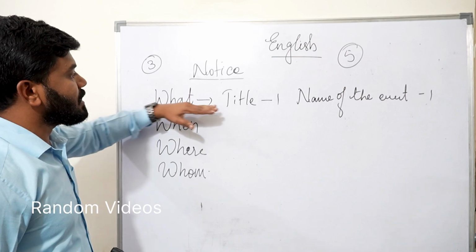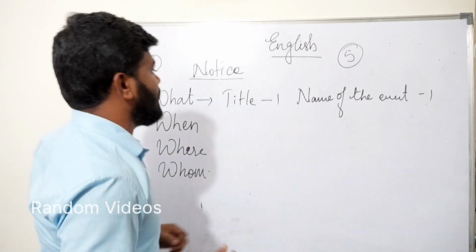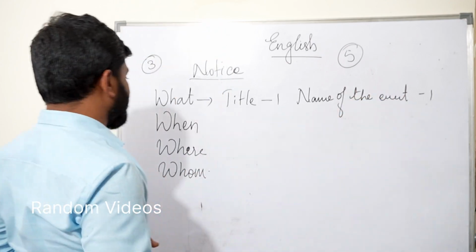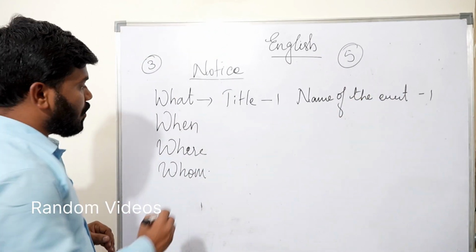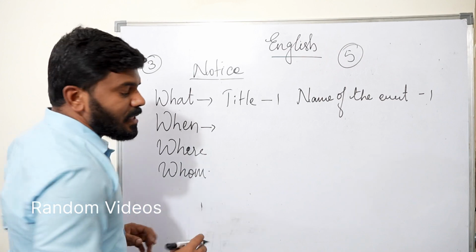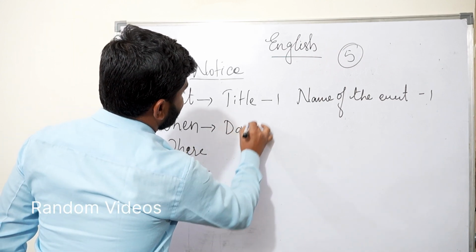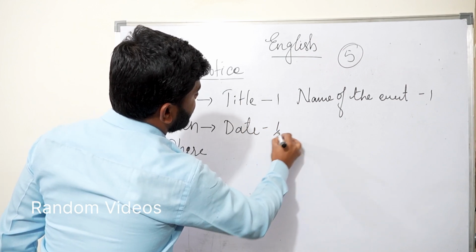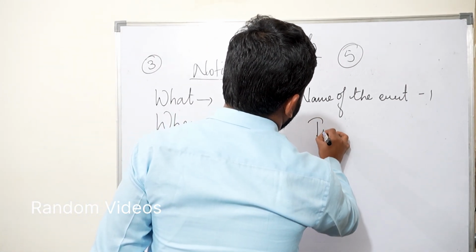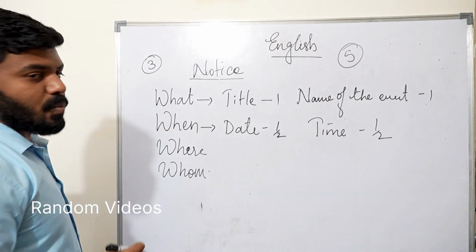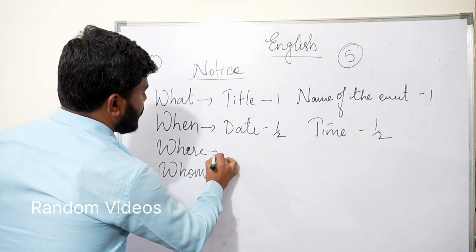Okay, what has title and name of the event. Title has 1 mark, name of the event has 1 mark. When you can divide into 2 different particles. One is date, half a mark, and time, half a mark. Then where is the location.